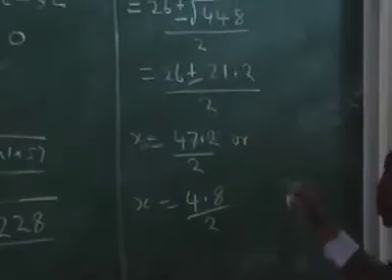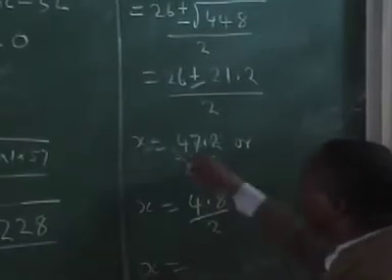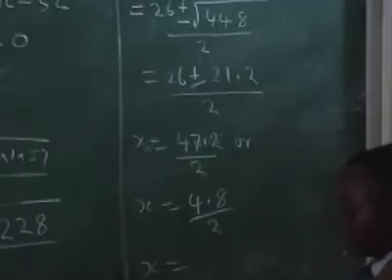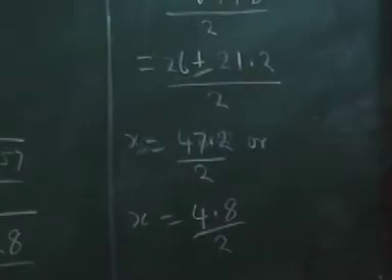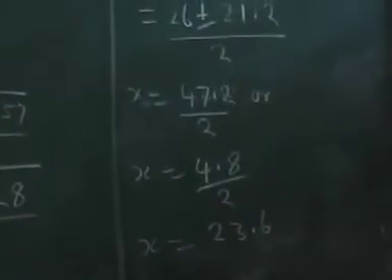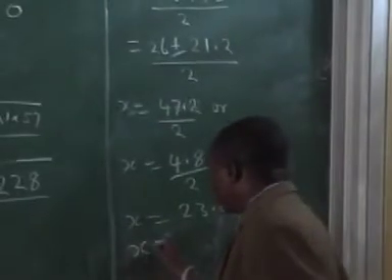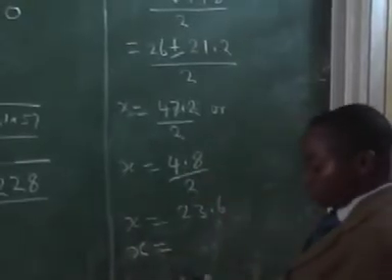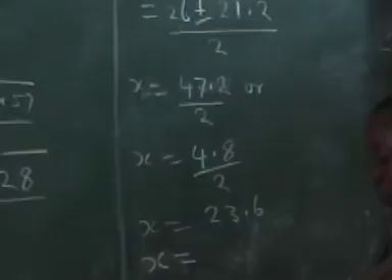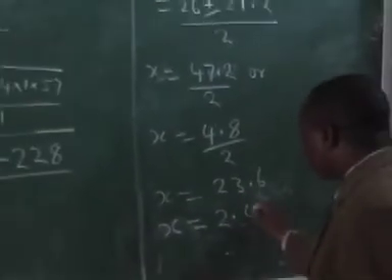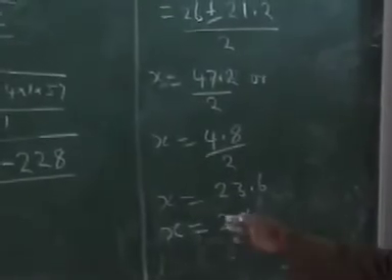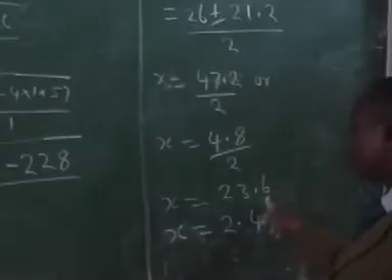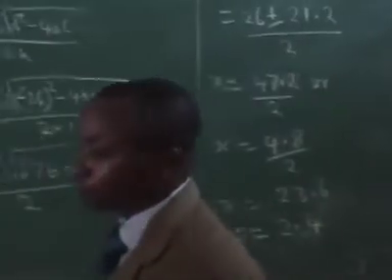Meaning that x from the first one, 47.2 divided by 2, is giving us 23.6, or x will be equal to 4.8 divided by 2, which will give us 2.4. So we have got the values of x. x will be 23.6, or x will be 2.4.